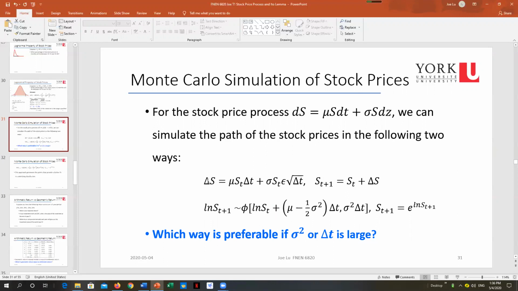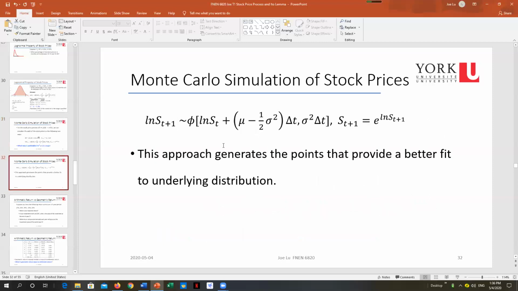So if delta t is very, very small, you will actually recover this distribution. But if your delta t is relatively big, you will have a hard time recovering the actual distribution that the stock price will follow, because the stock price actually follows a continuous time process.